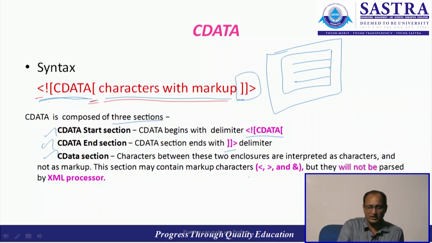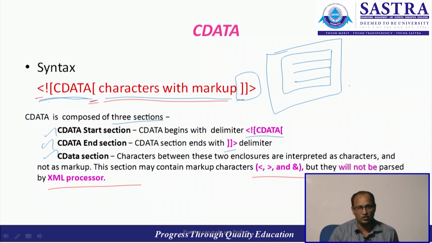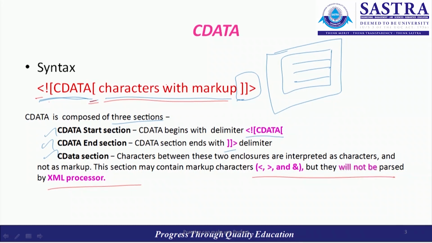The XML parser will check whether the special entities as well as user defined entities are written properly. Suppose the character data has the greater than symbol, less than symbol, ampersand, apostrophe, double quotes.